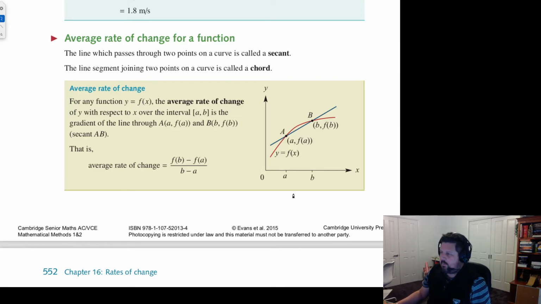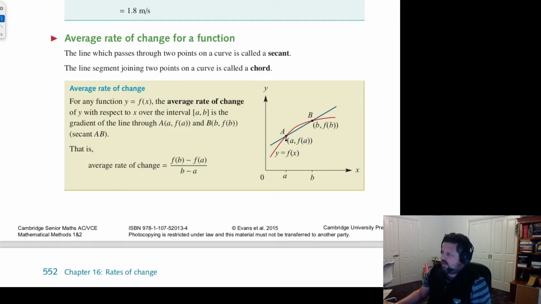So here is the fun bubble box that talks about the average rate of change. It says for any function y equals f of x, the average rate of change of y with respect to x over the interval from a to b is the gradient of the line that goes through those points. So it goes through the coordinates a, f of a, and b, f of b.